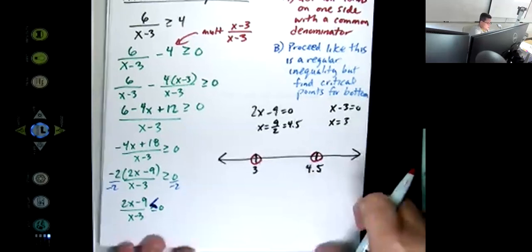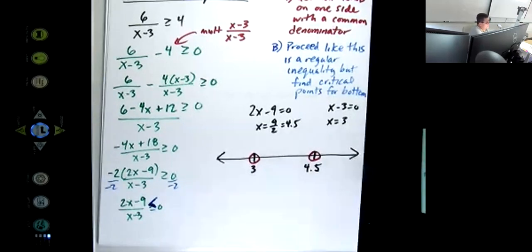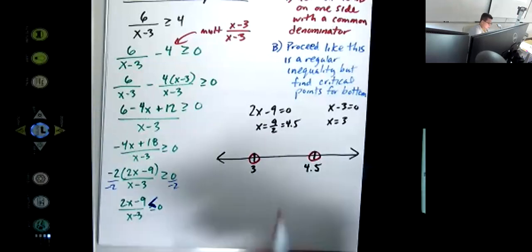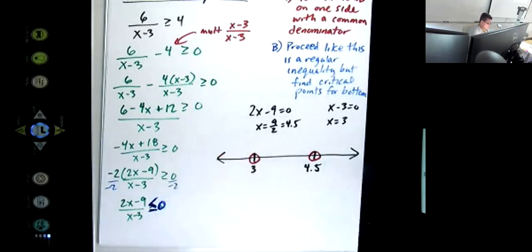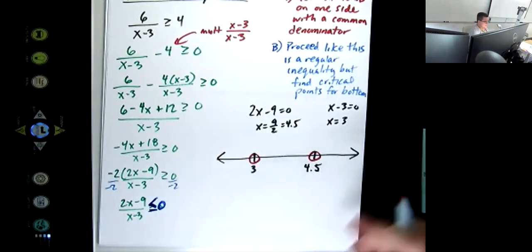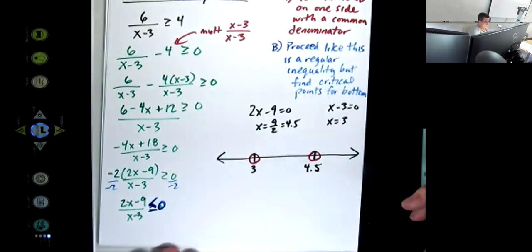Which of these circles should I fill in, if any? We've got greater than or equal to 0 on top. We do not fill in both.